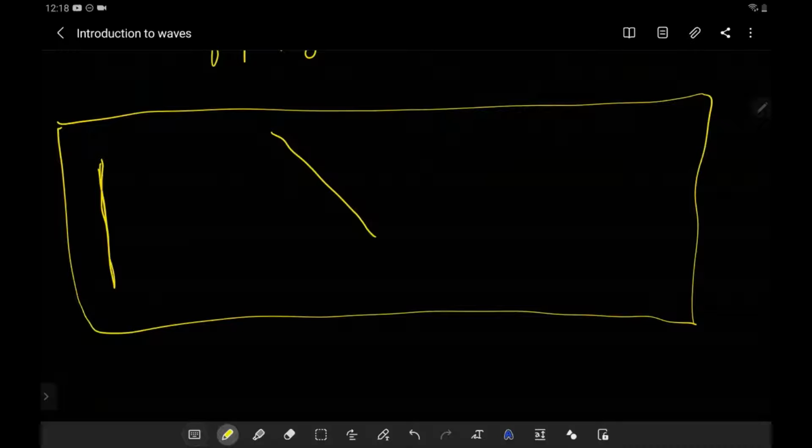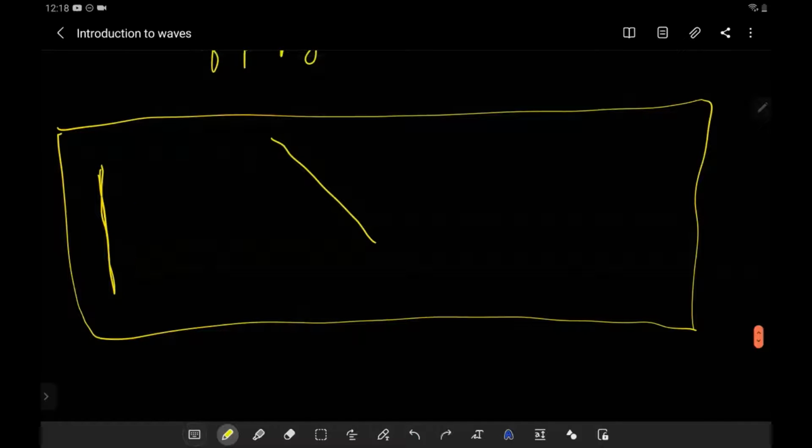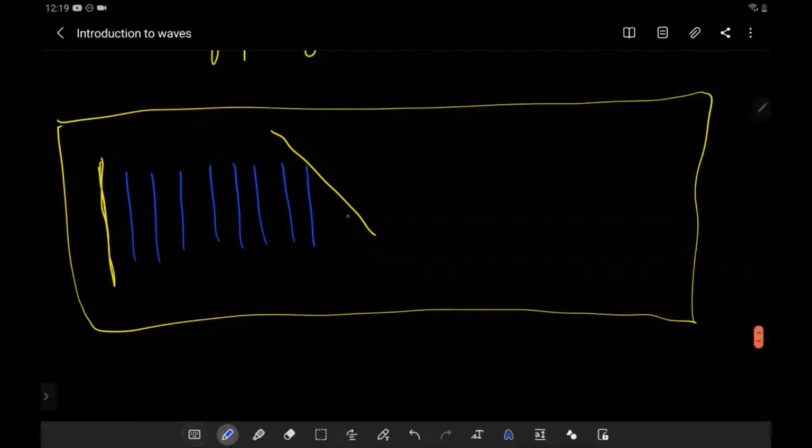The barrier could have been perpendicular as well, or parallel, but it really doesn't matter. So the waves will come in like this. These are wavefronts. Until now, it would reflect like this.